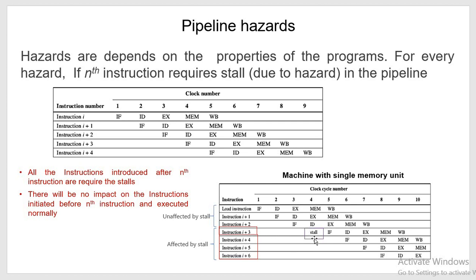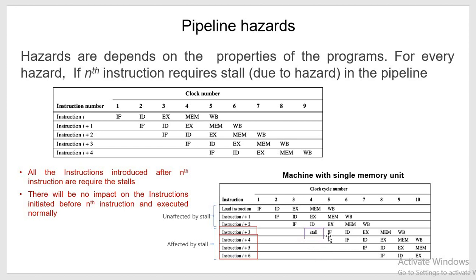At the fourth machine cycle the I plus 3 instruction had to be fetched from the memory, but due to the structural hazard the processor cannot access it and will introduce a stall or delay. Every instruction after this will be delayed by the number of stalls. If one stall is introduced here, then due to this problem the I plus 3 instruction will be fetched in cycle number 5.